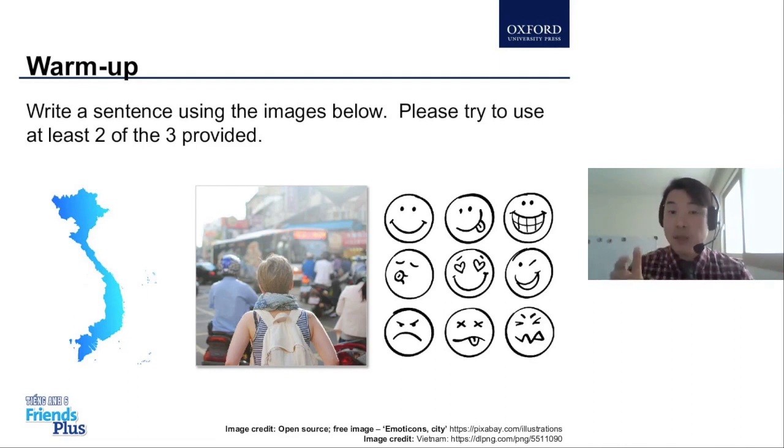Hopefully everyone can see all 3 images. Using these images, can you please write a sentence in our chat box? Of course, this is going to be creativity and using your critical thinking skills, but please use the images in front of you and write a short sentence from the pictures that you see into our chat box. I'll give you a few moments as our responses come in.